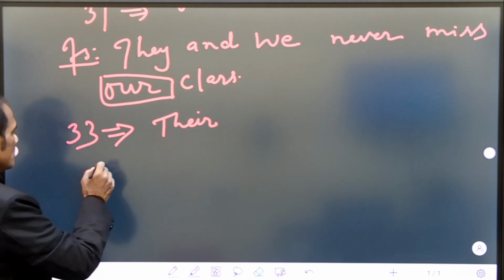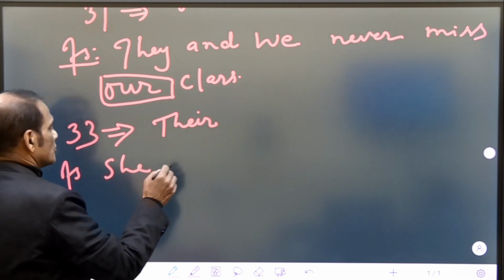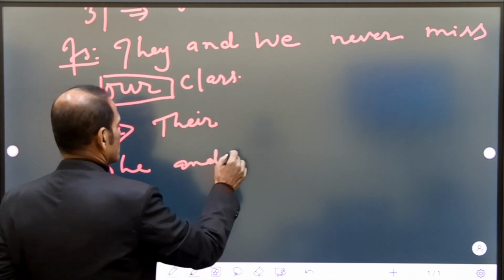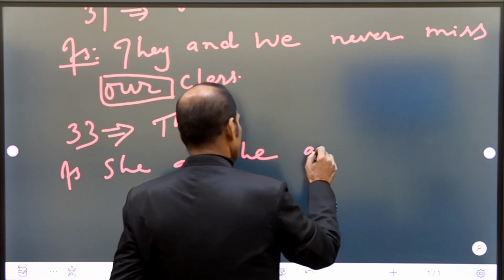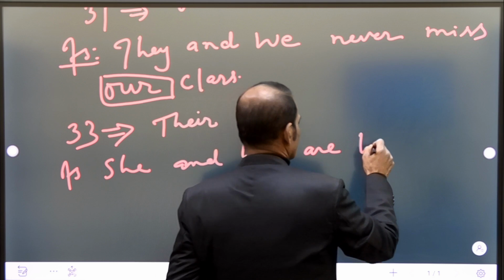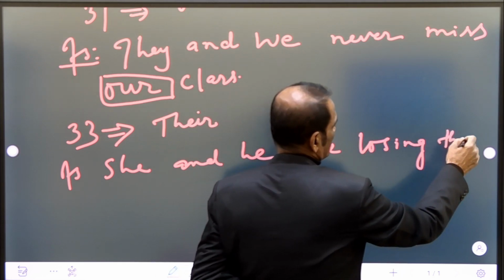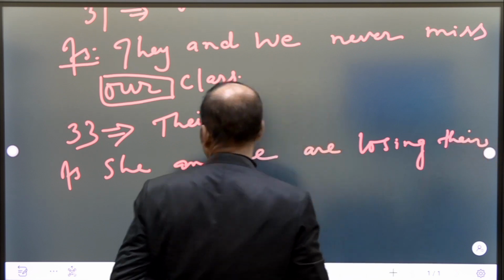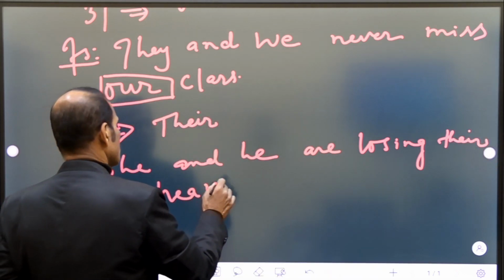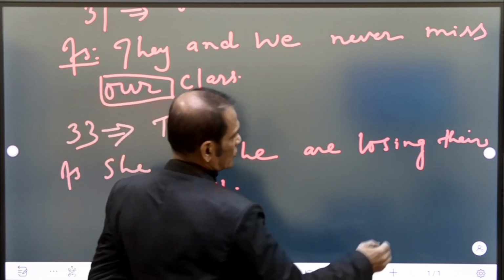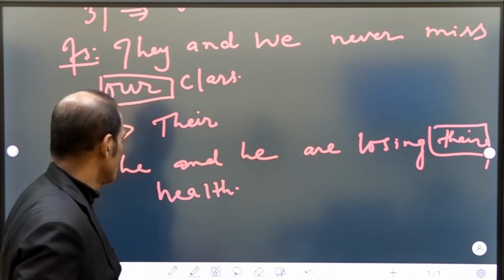For example, she and he are losing their health. Here should be "their", not any form of pronouns.